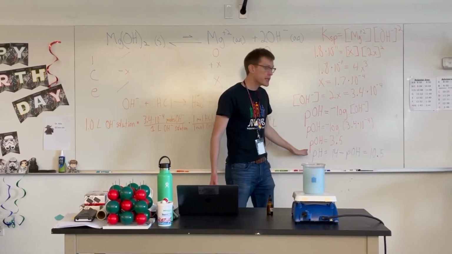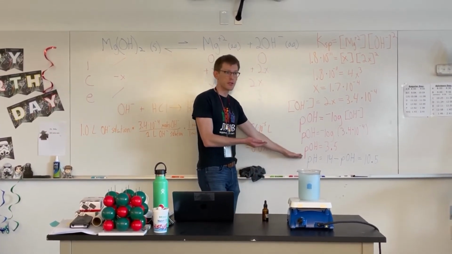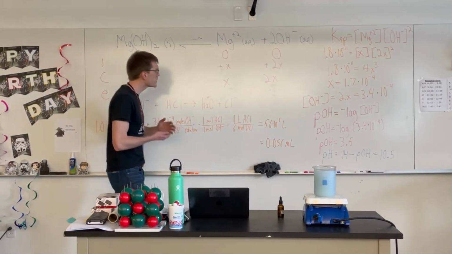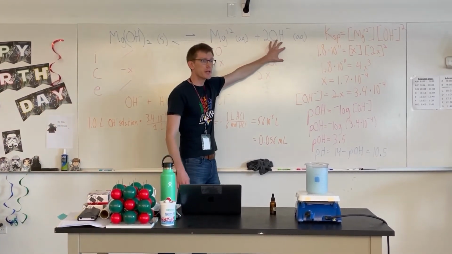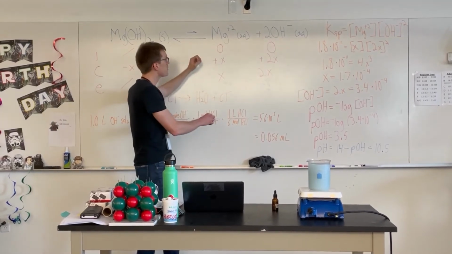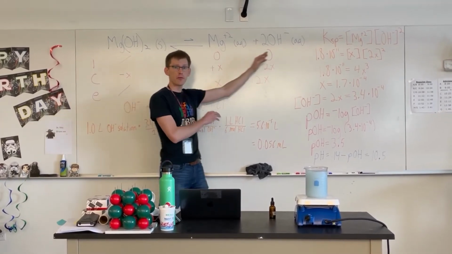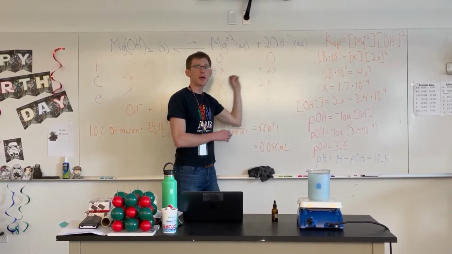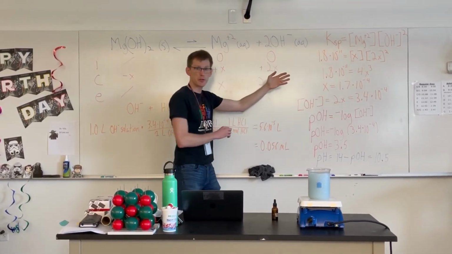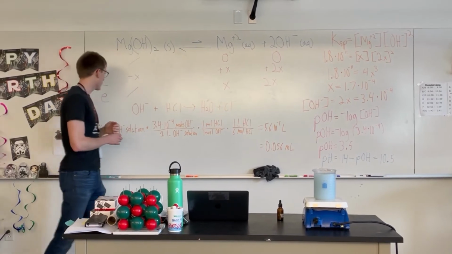Our pH actually dropped with the addition of acid. And what this resulted in, as we removed a product, is the equilibrium shifting rightward. Le Chatelier's principle: remove a product and the equilibrium will shift towards the product in response.